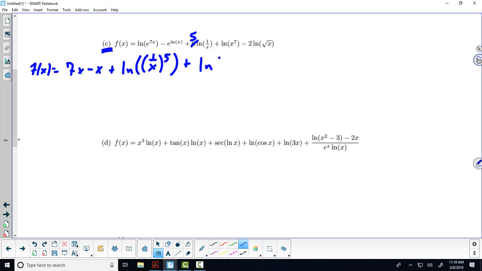Plus, I'll go ahead and leave this guy alone. And let me do the same move over here. Okay? So I'd like to bring this 2 inside. So it's going to come in as the square root of x squared inside the logarithm. Which is just x, right? Yes, yes it is. There's a slight argument there though, right?